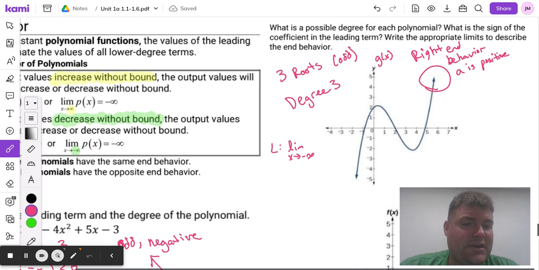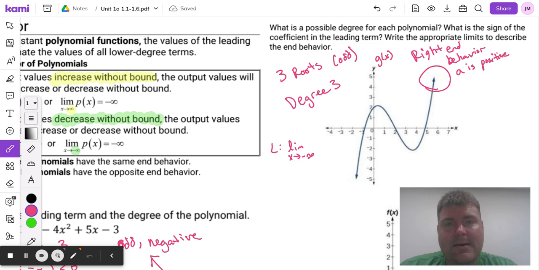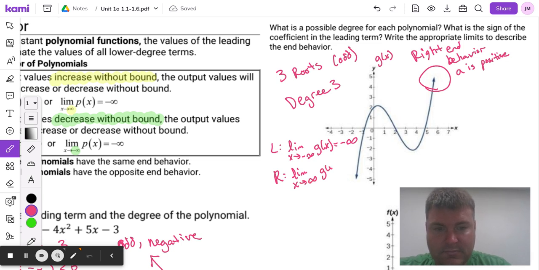Whoever made these notes, what the heck? g of x is going to be negative infinity, because we're down. It's our left end behavior. Right end behavior is positive infinity.